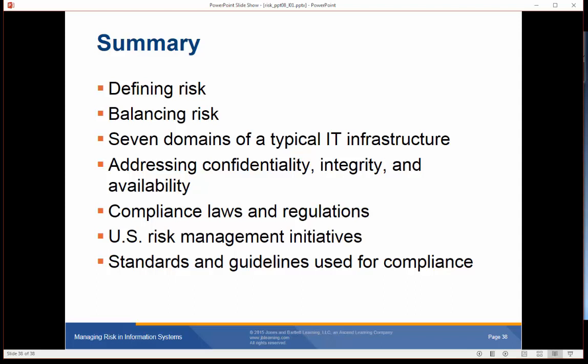So hopefully you've learned from lesson 1, defining risk, balancing risk. And as I mentioned, I would go back and look at the 7 domains of a typical IT infrastructure. Those you will see often throughout the semester. So I would make myself a little chart if I were you, list each one of the domains and do a little research on your own, and find out what type of scenarios fall within each one of those domains.